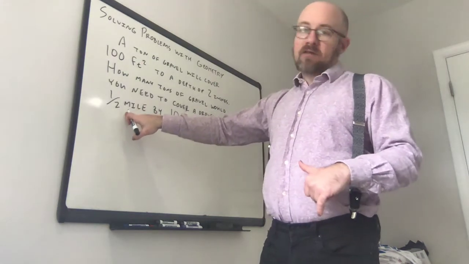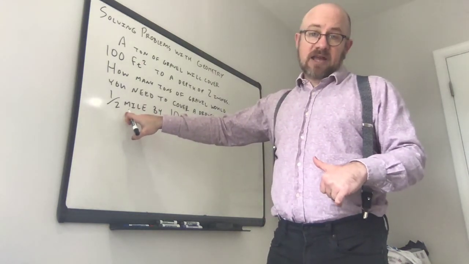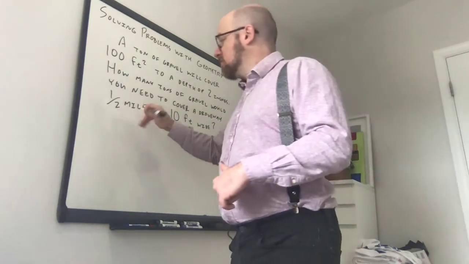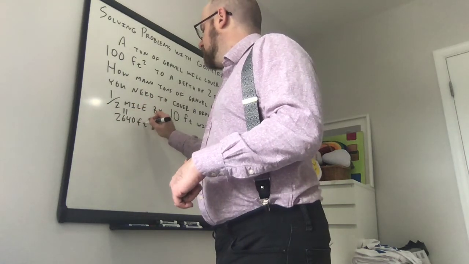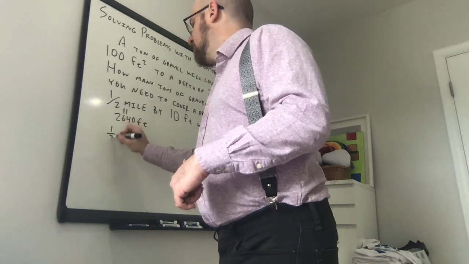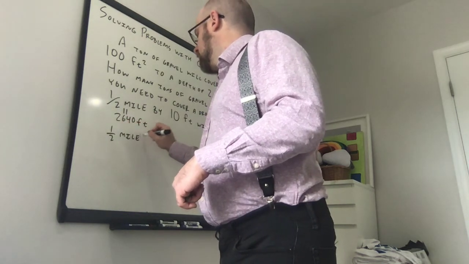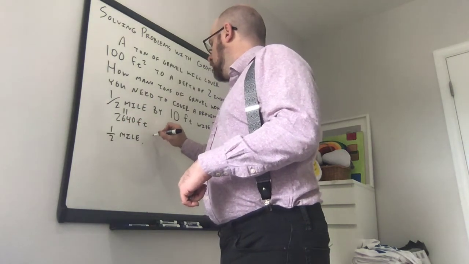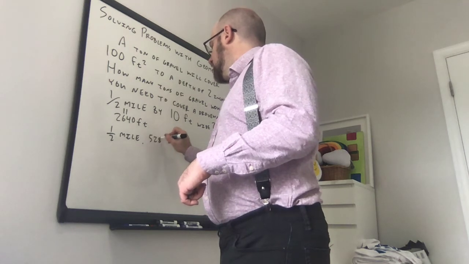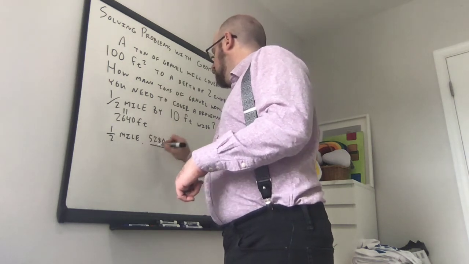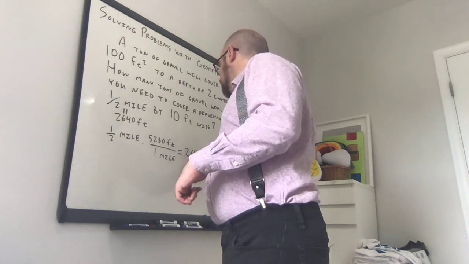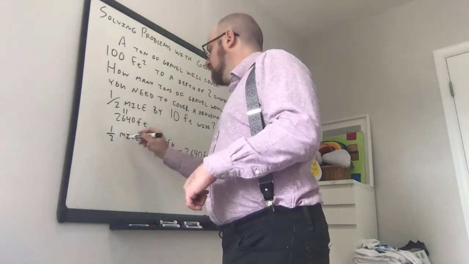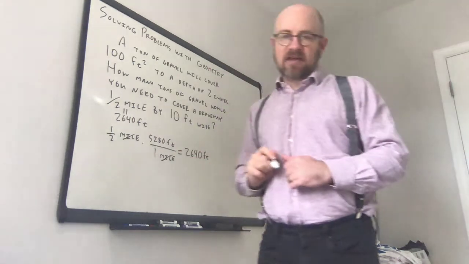So 1 mile is 5,280 feet. So 1/2 mile times 5,280 feet per 1 mile is going to give you 2,640 feet. The miles cancel out.